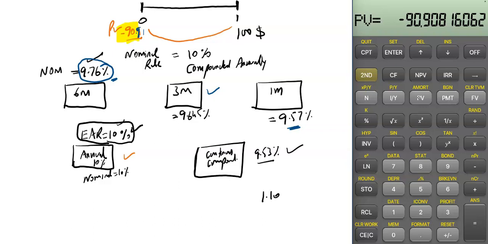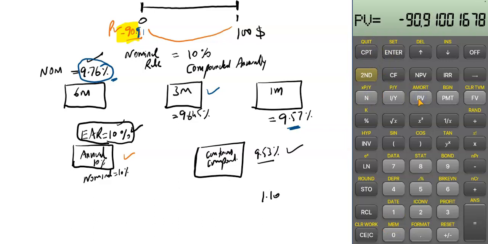And if you want to use continuous compounding, how to take the IY? Take 9.53 and divide it by the maximum possible number. Let's say I am dividing it by 1 million. This is IY. Take N as 1 million.